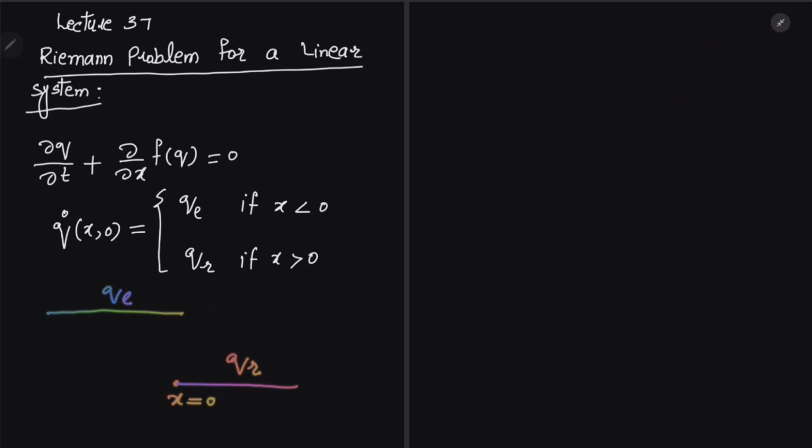For x less than 0 we have q left, and for x greater than 0 this becomes q right.